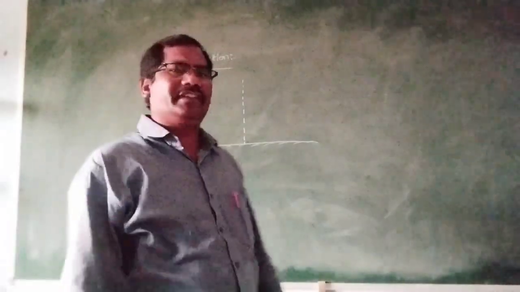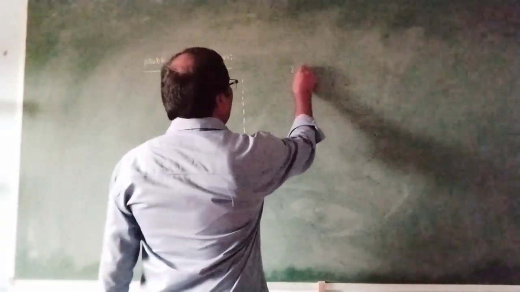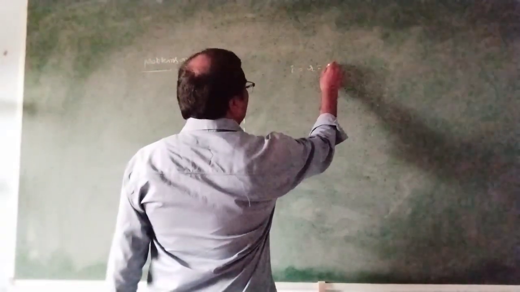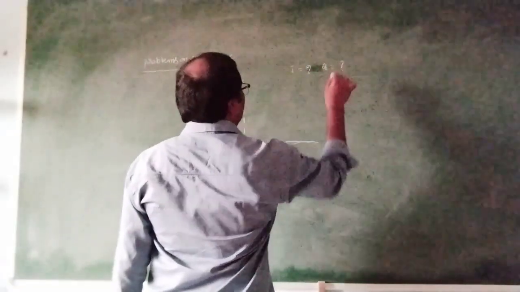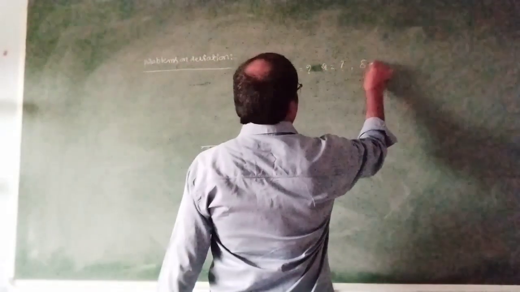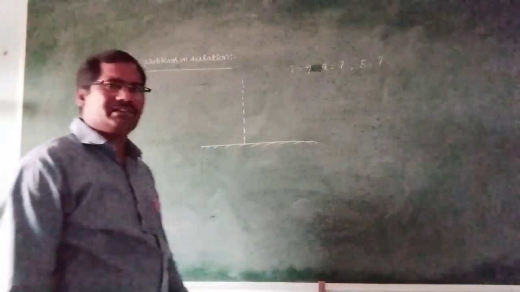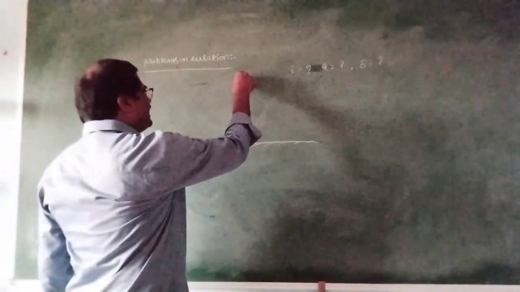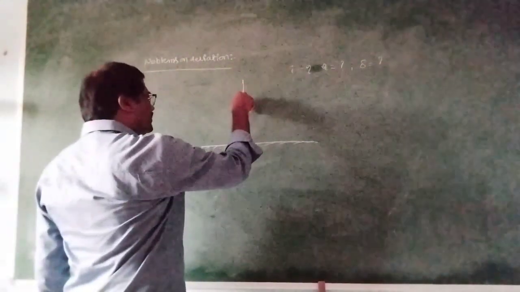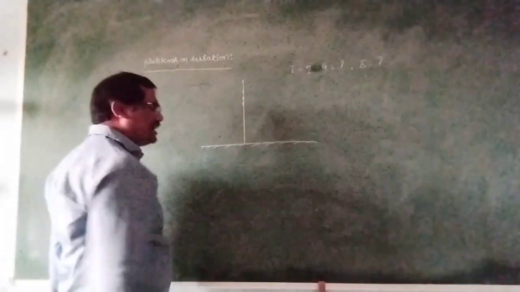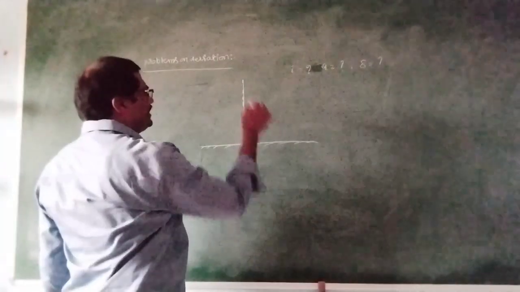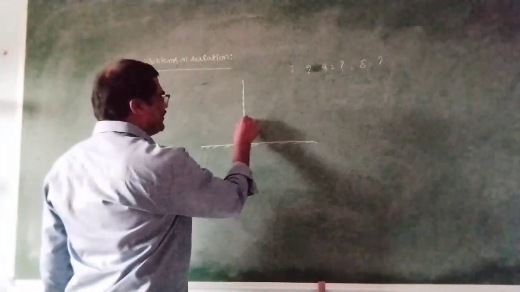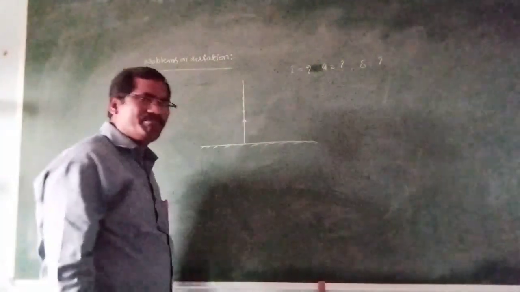In this case, what is the angle of incidence, angle of reflection, and angle of deviation? That is the question. This is the light ray along the normal. The light ray is incident on the surface perpendicular to the surface, so the ray is reflected back along the same path.